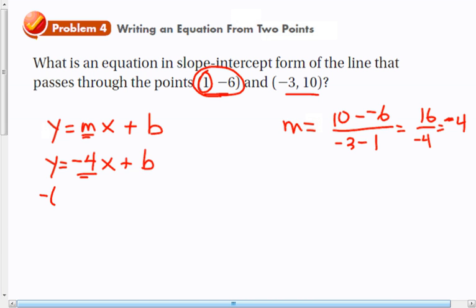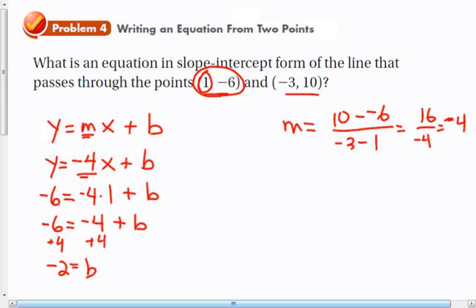So if I substitute -6 for y, and I substitute 1 for x, and I add the y-intercept, that has to be true. And just simplifying this, I get -4 plus b is -6. Just add 4 to both sides, and we get -2 equals b. That's my y-intercept.